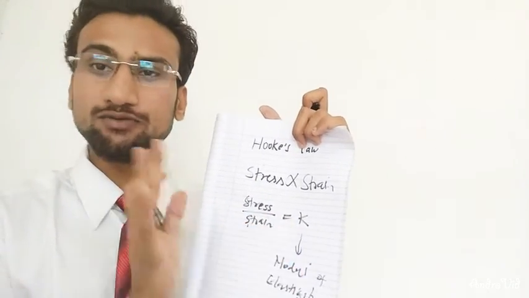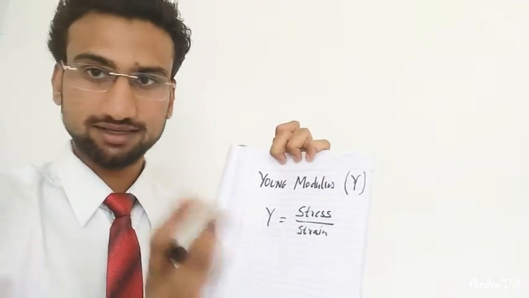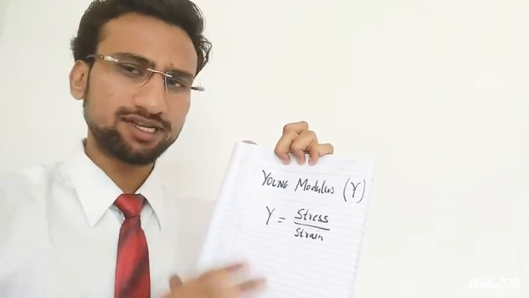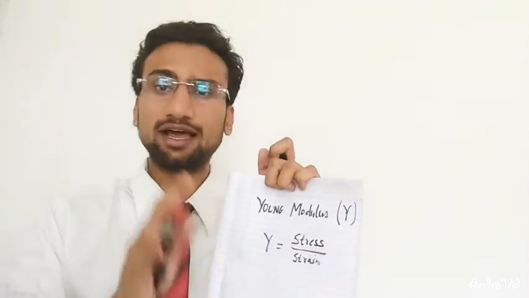With this constant, we have three more terms. For the same constant, one more scientist known as Young derived an expression known as Young modulus. Young used the same concept along the length.